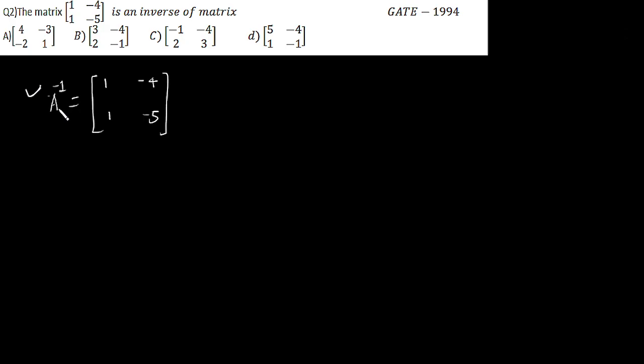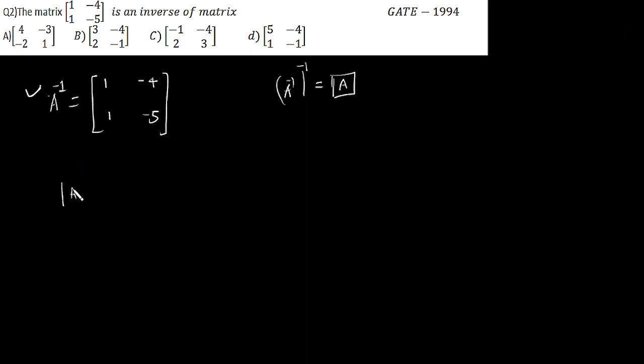So let's take the inverse of this inverse again. If we take the inverse of the inverse, we just get the initial matrix, the A matrix. So let's write it here.